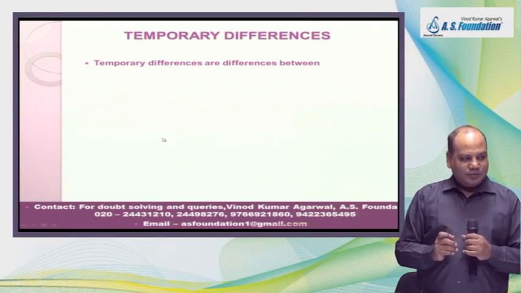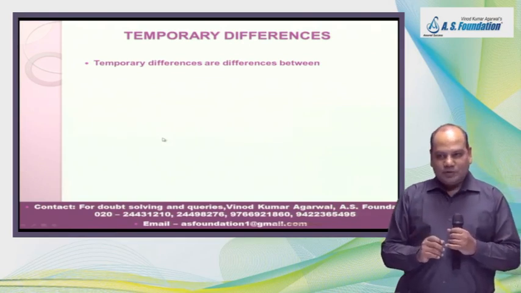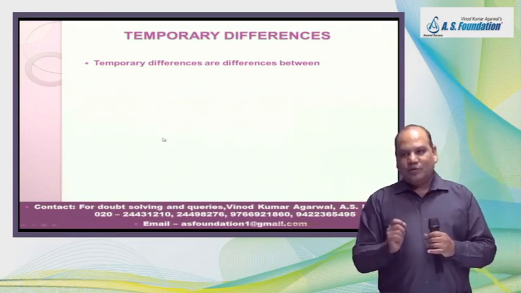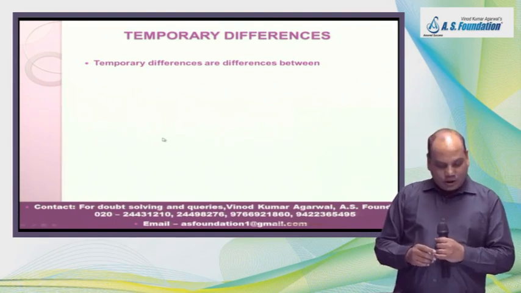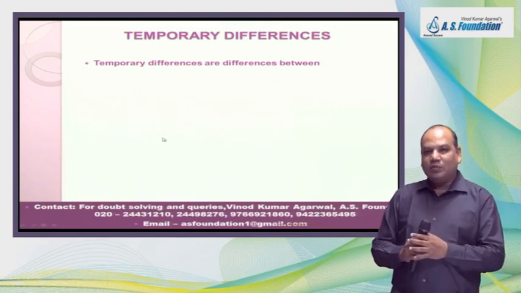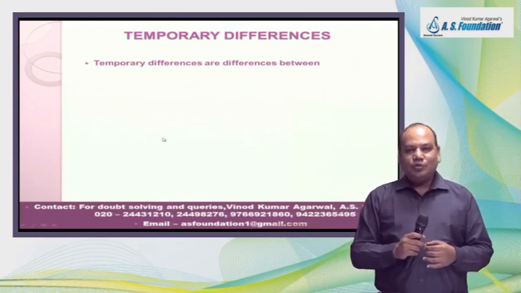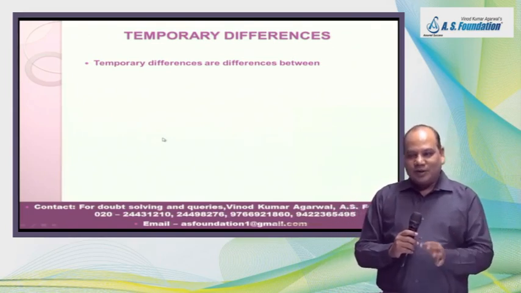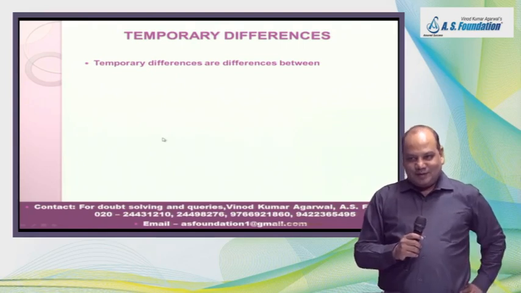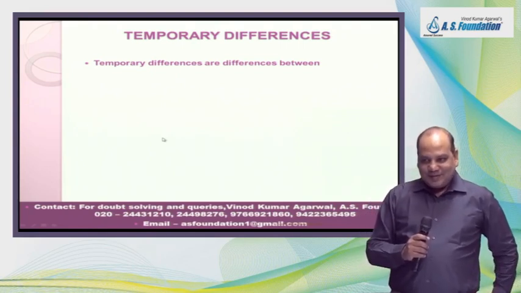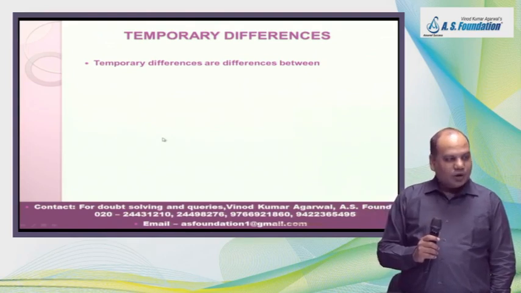Then liability. Related to expense: tax base equals carrying amount minus the amount that will be deductible for tax purposes in future. If it is a liability related to income: carrying amount minus the amount that will not be taxed in future.